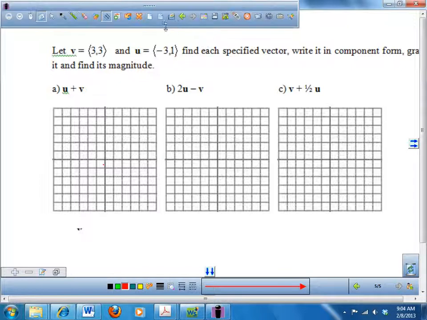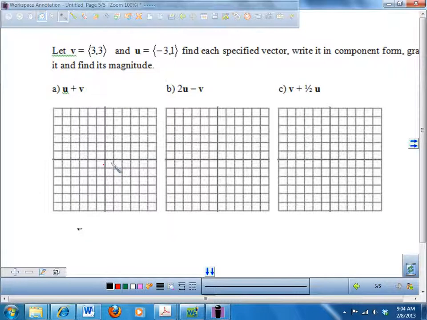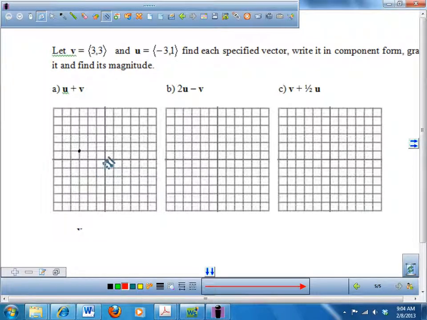Okay, I erased it. So let's do u first, which I'm going to go back 3 and up 1. So 1, 2, 3, and up 1. So there's vector u. And then I'm going to add to that vector v.